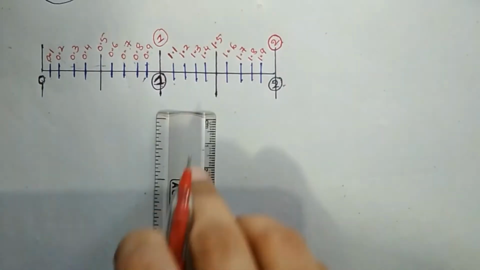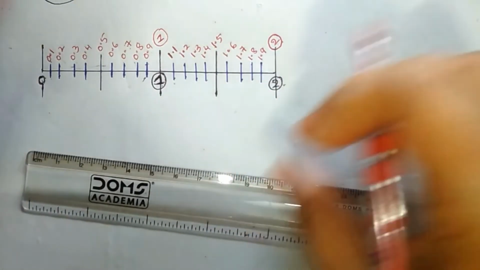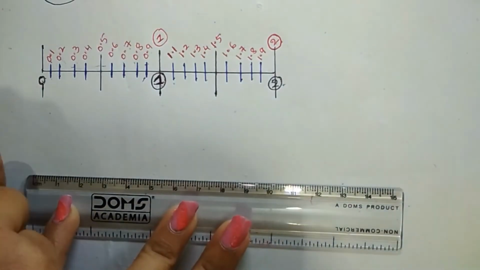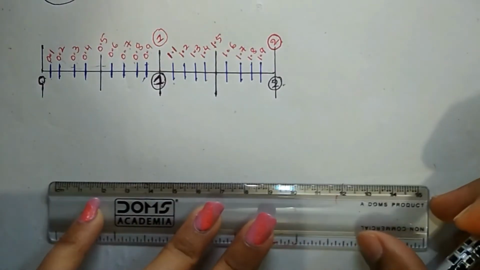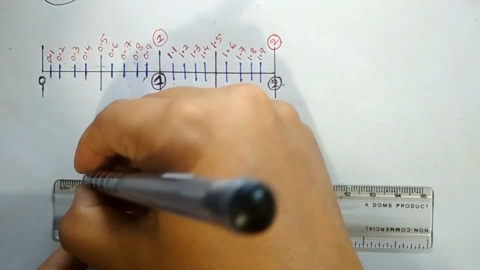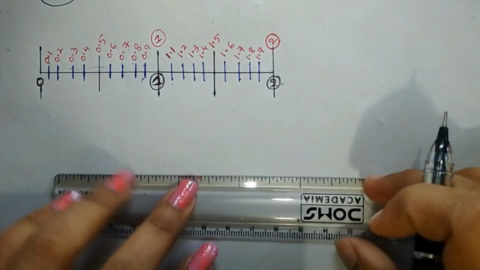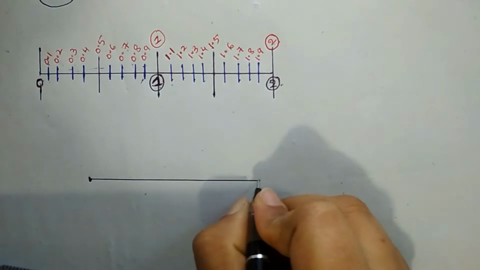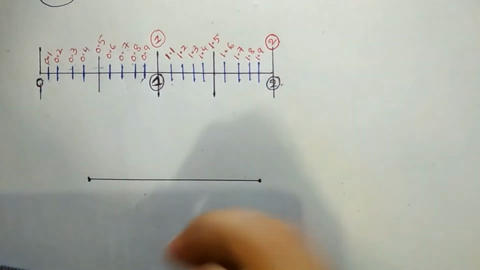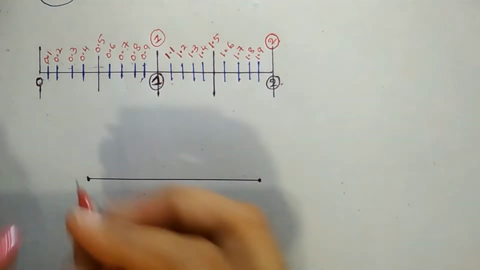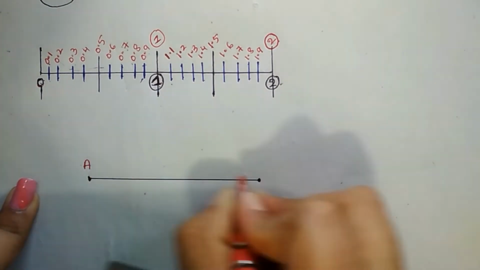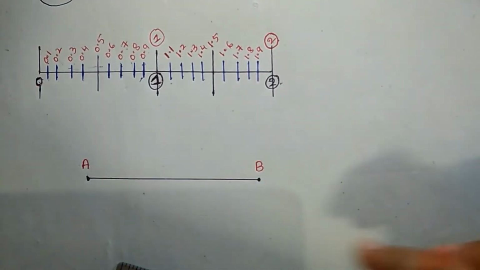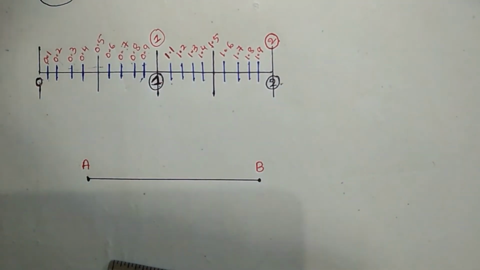Now we'll take one example and try to measure a line segment. Here I don't know, I am simply drawing a line segment. I don't know what measurement it is. I have drawn it without any measurements. I'll name it A and B. Now how to measure this line segment?